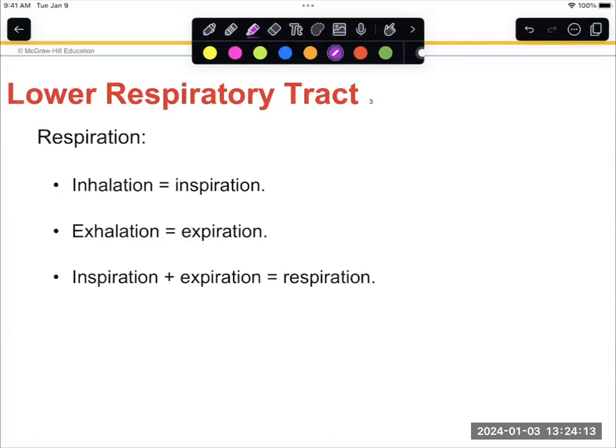When that diaphragm relaxes during expiration, that relaxing of that diaphragm reduces the size of that thoracic cavity, which causes air to be forced out and us to breathe out. The process of inspiration and expiration gives us respiration.